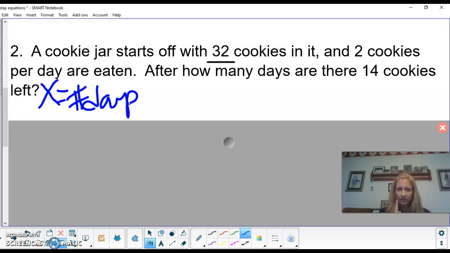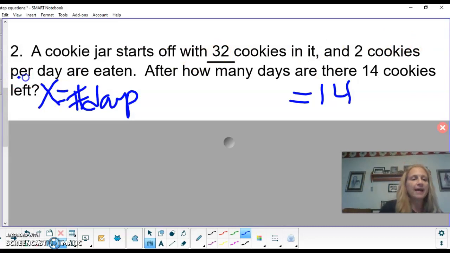Now here's where it gets tricky, okay? Our equation has to represent this problem. So at the end, how many cookies are left? 14. That's our end. Now, which one goes with x? Well, we have 2 cookies per day, so we know 2 goes with x. But now listen.